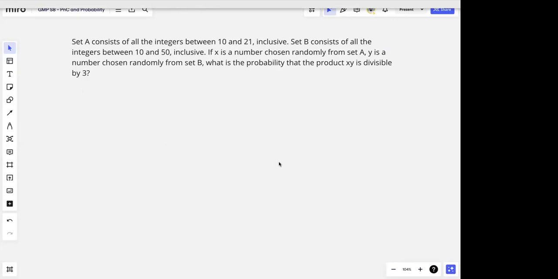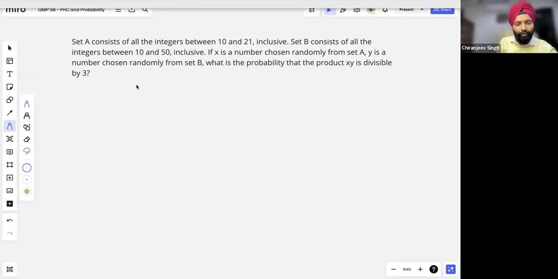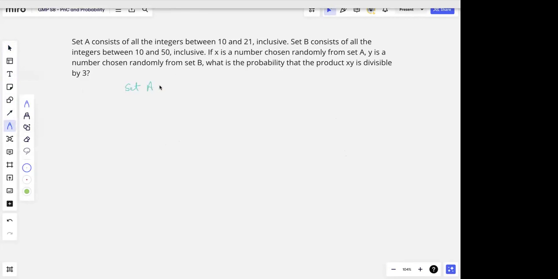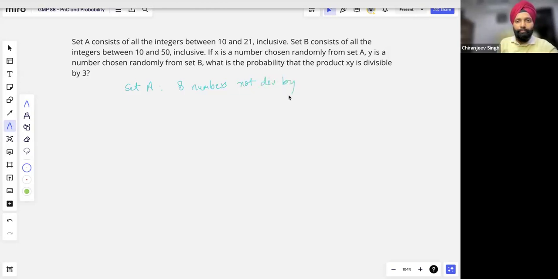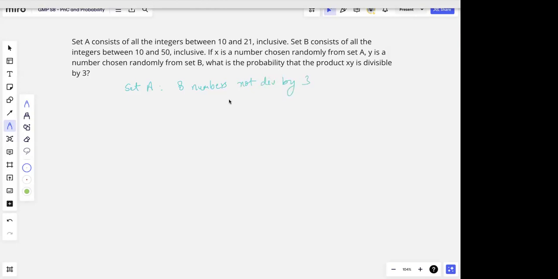For that, in set A, there are a total of 8 numbers that won't be divisible by 3, from 10 to 21. The total numbers from 10 to 21 inclusive are 12.